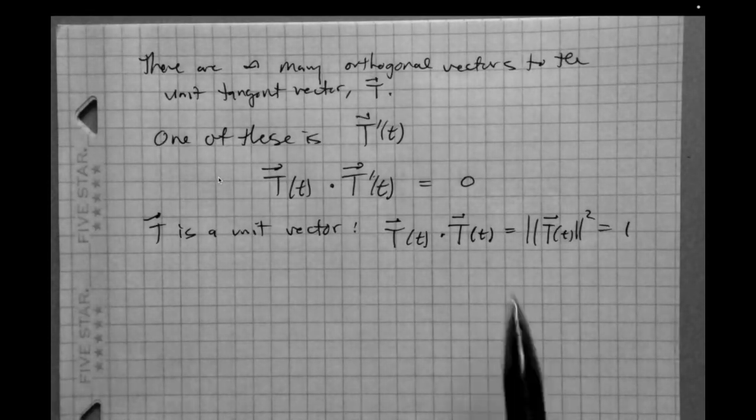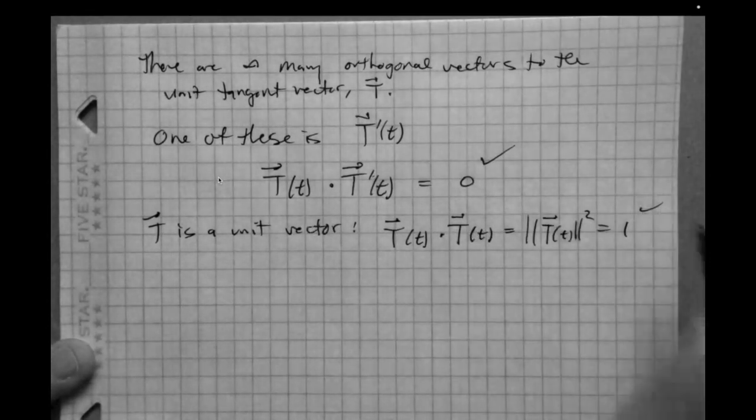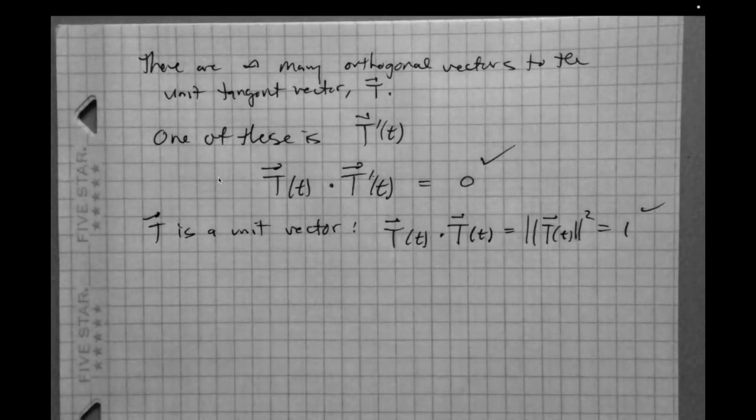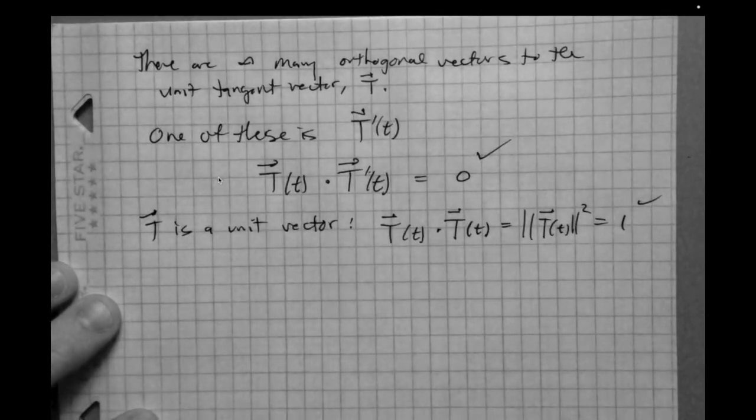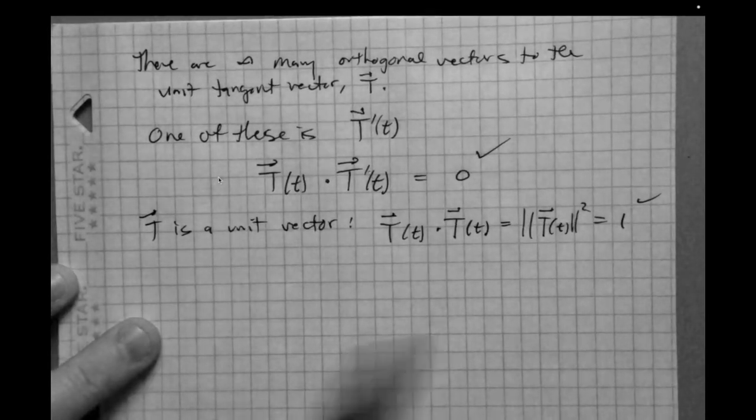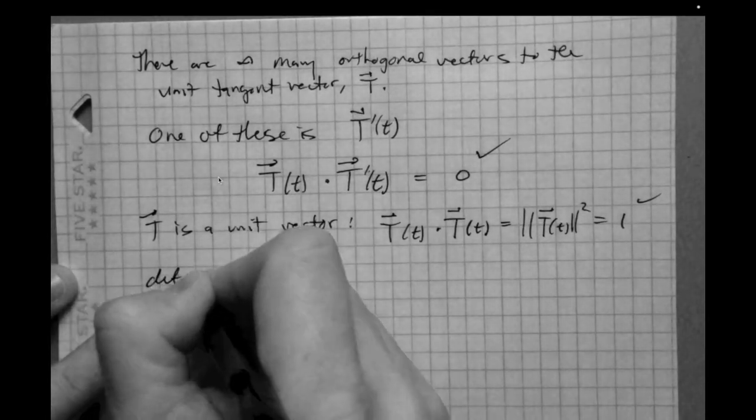And so taking these two facts together, we can get to a special vector called the principal unit normal vector. So let's define that guy.